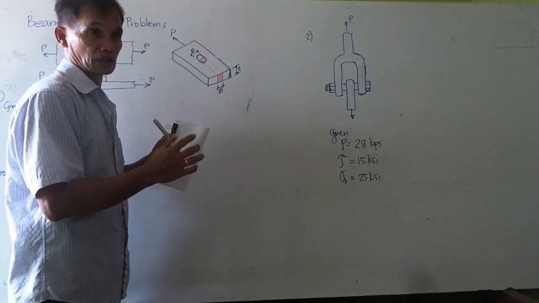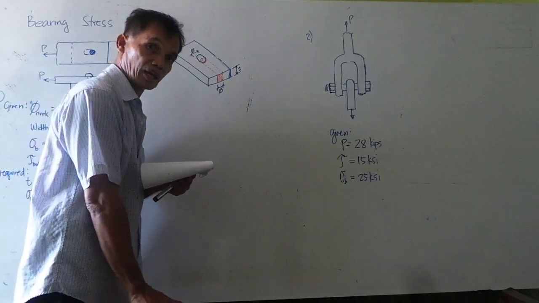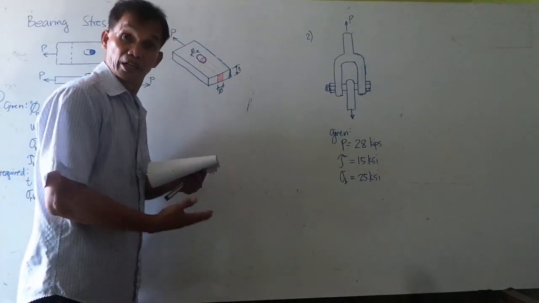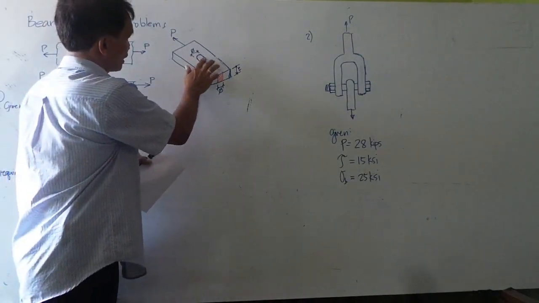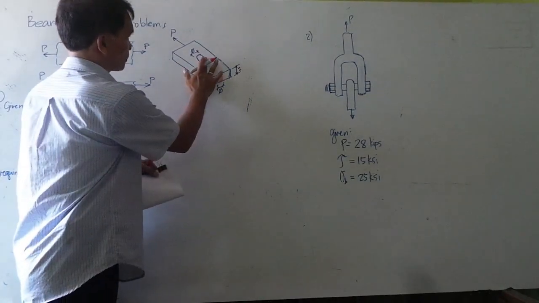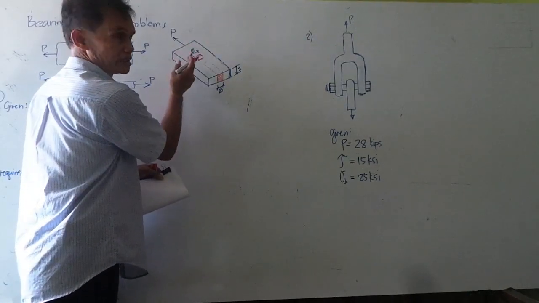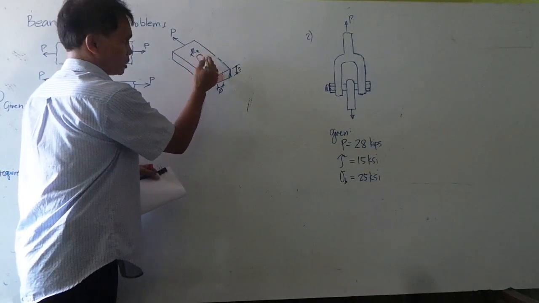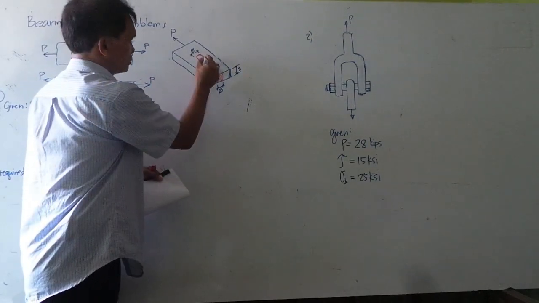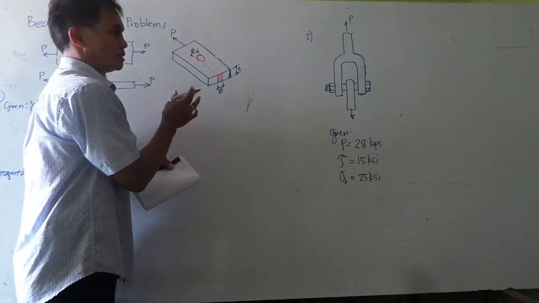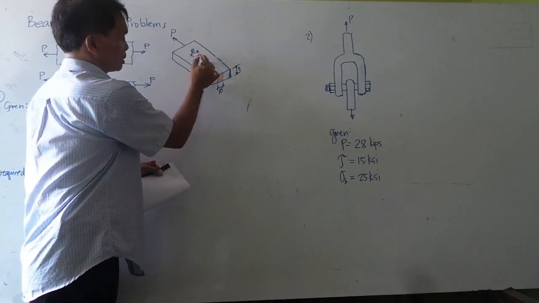For example, a foundation bearing on the soil, there is bearing stress on the soil. Here, it is the bearing stress on the plate. Originally the hole is still round, not yet deformed. But when the load is applied, there is a possibility that if your plate is weak, it will deform.